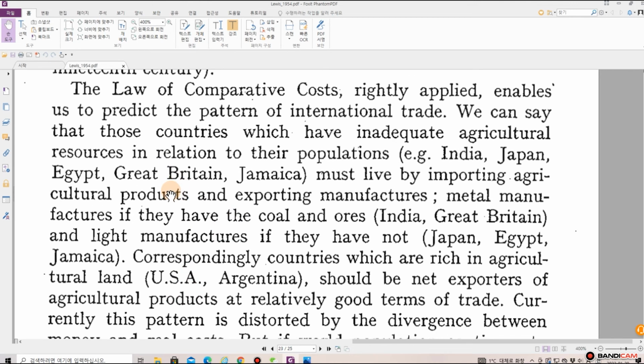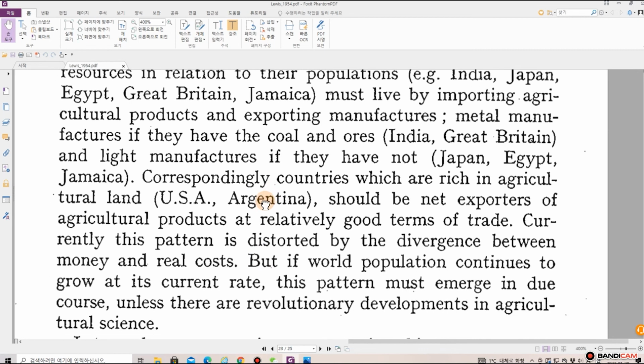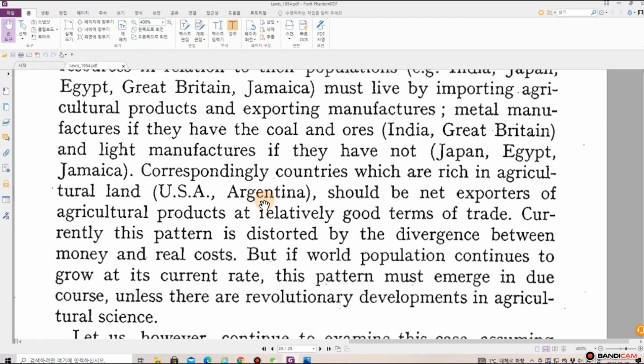The law of comparative cost, rightly applied, enables us to predict the pattern of international trade. We can say that those countries which have inadequate agricultural resources in relation to their populations, for example, India, Japan, Egypt, Great Britain, Jamaica, must live by importing agricultural products and exporting manufactures. Metal manufactures, if they have the coal and ores, India, Great Britain, and light manufactures if they have not, Japan, Egypt, Jamaica.